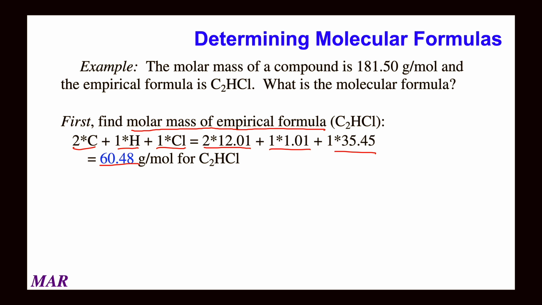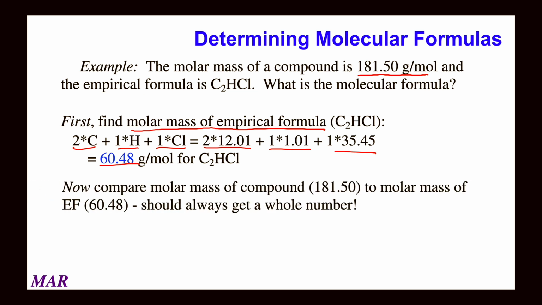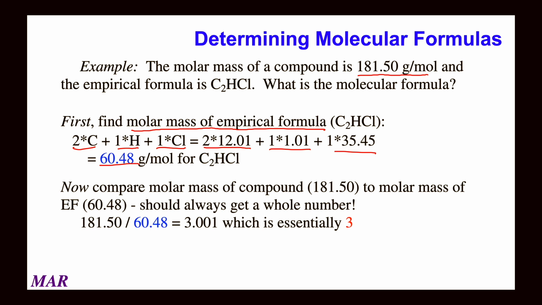And this number, you can see, is quite a bit different than the molar mass of the whole compound. So if you compare the molar mass of the whole compound to the molar mass of the empirical formula, you should end up with a whole number. And it's always going to be a whole number here. So in this case, 181.50 divided by 60.48 is 3.001, that's awfully close to 3.